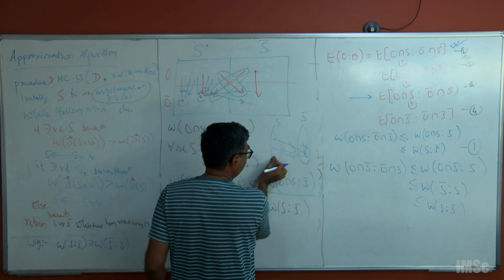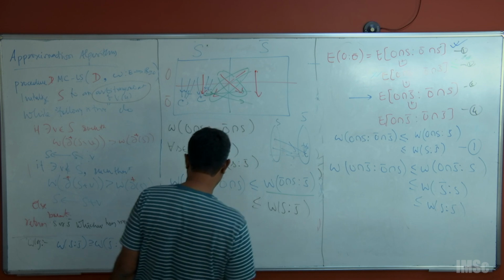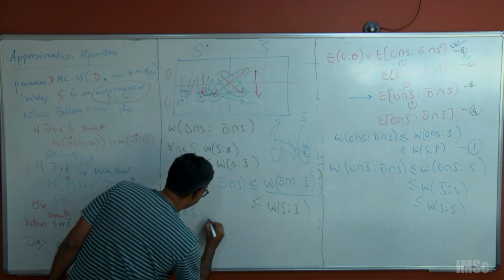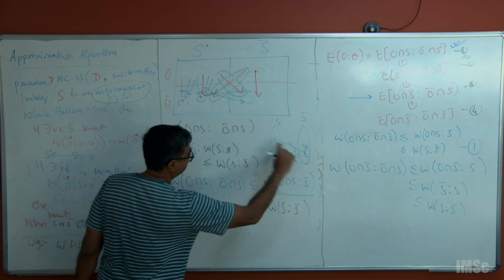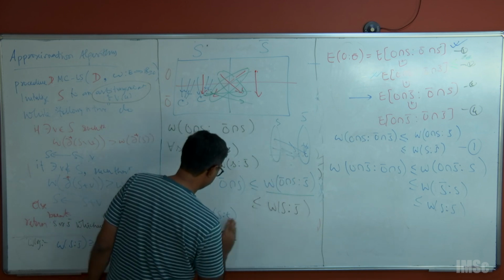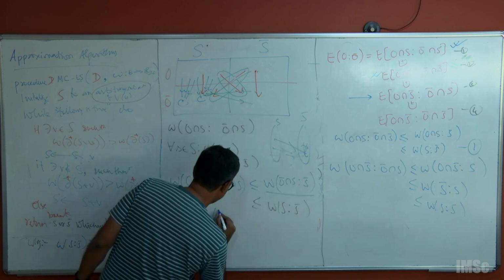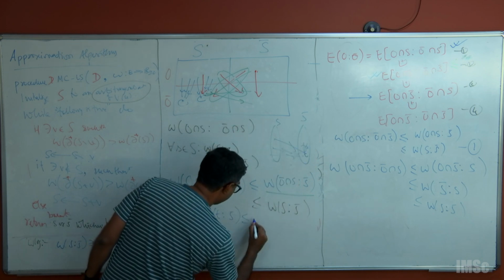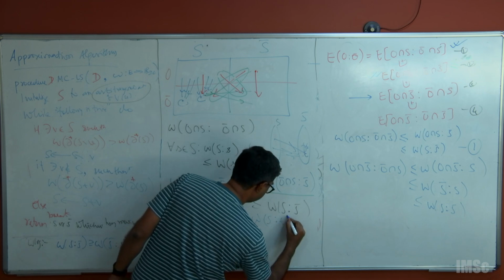If I move t to S, this set of arcs will contribute. But I am not able to move, which implies for all t in S bar, weight of t to S bar is less than or equal to weight from S to t. Is that fine?